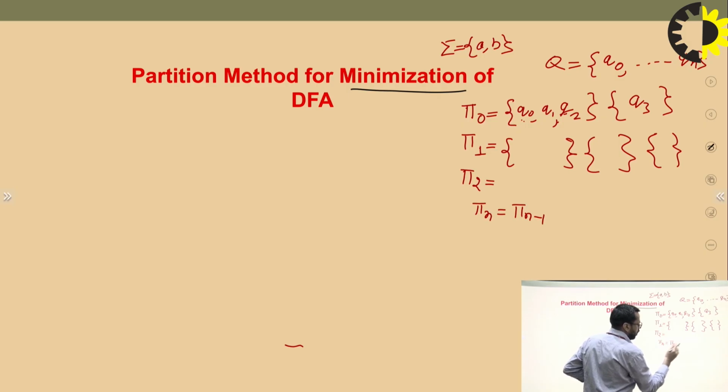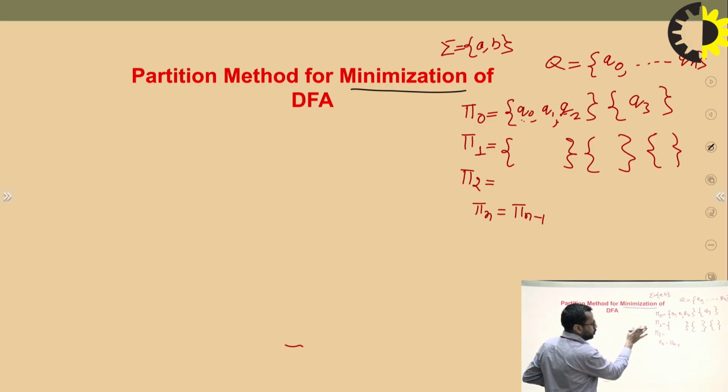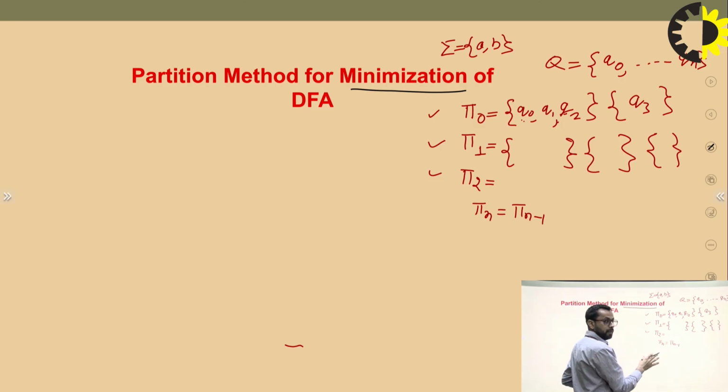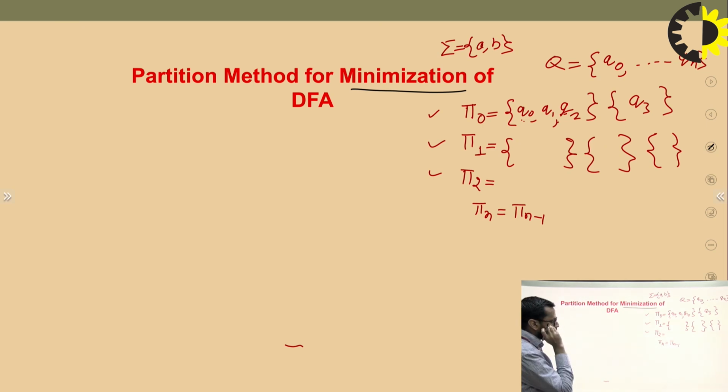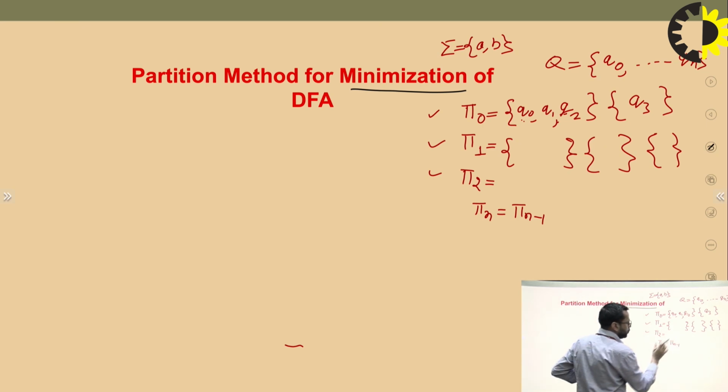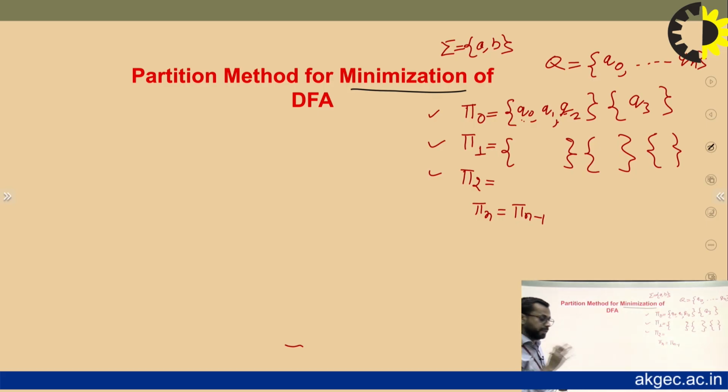That means two different states contain the same set values, so the sets containing different states are updated.